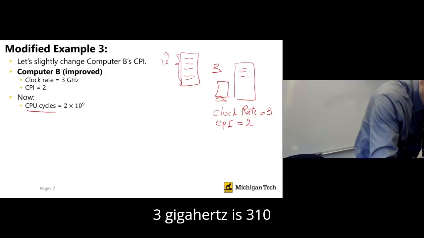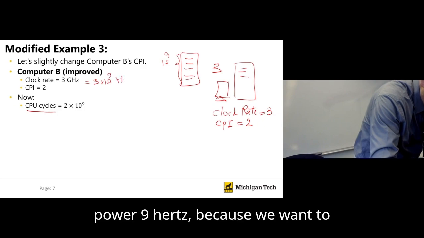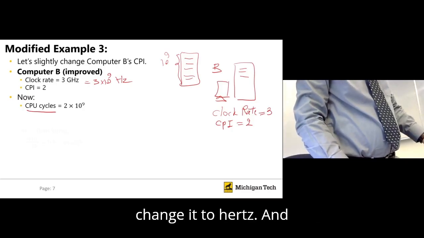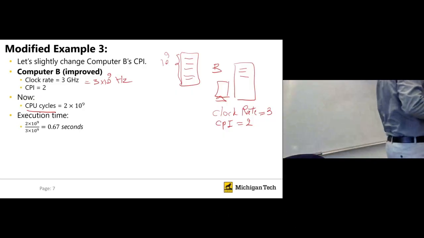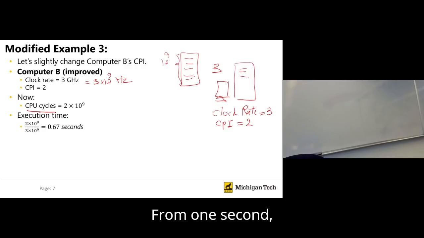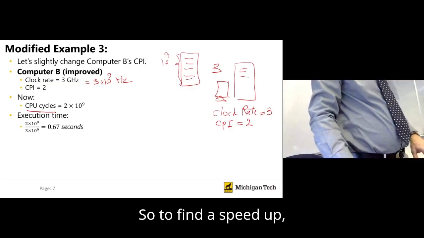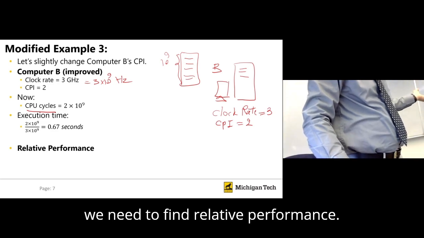And 3 gigahertz is 3 times 10 power 9 hertz, because we want to find it in seconds, so we need to change it to hertz. When we divide that, it's going to be 0.67 seconds. From 1 second it decreases to 0.67. So to find the speedup, we need to find the relative performance.